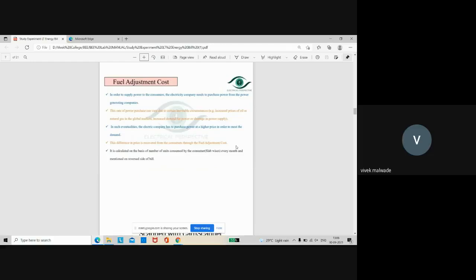Now, the bill that you are getting, suppose from MSEDCL, that is Maharashtra State Electricity Distribution Company Limited. It is not that MSEDCL takes power only from Mahagenco, that is Maharashtra Generation Electricity Corporation Limited. It can take power according to the demand. It can take power from other private power sectors also.